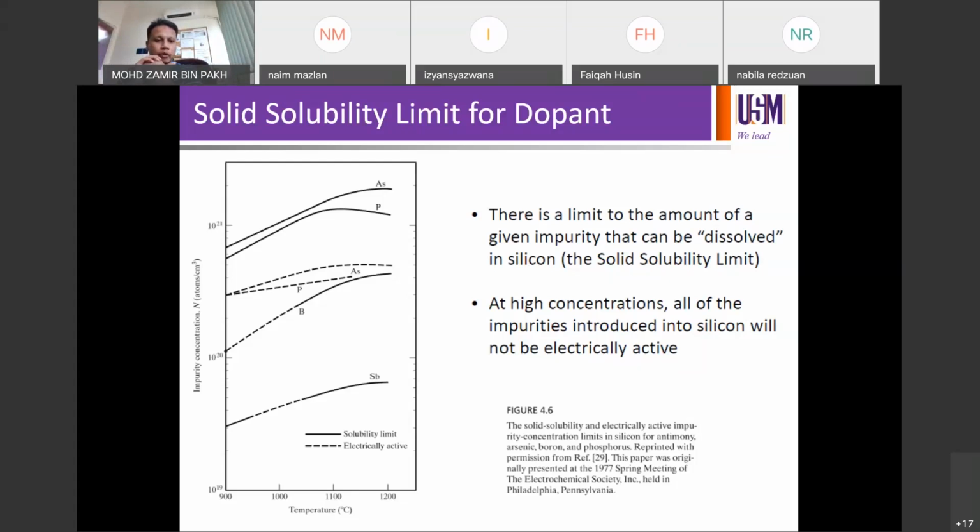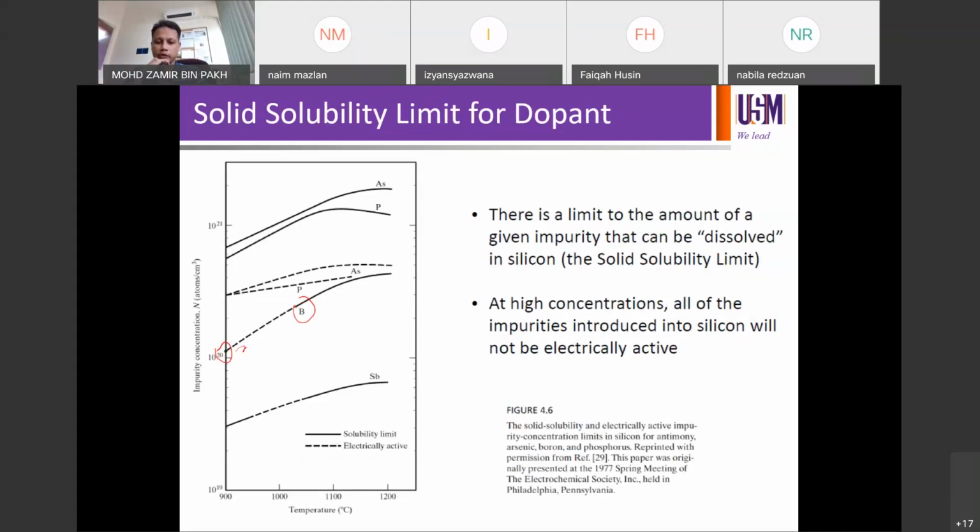For example, if you look at boron here, at 900 degrees C, you can only incorporate up to maybe 10 to the 20 atoms per cm cube of boron. That will be the maximum limit, or we call it the solubility limit for boron at 900 in silicon.